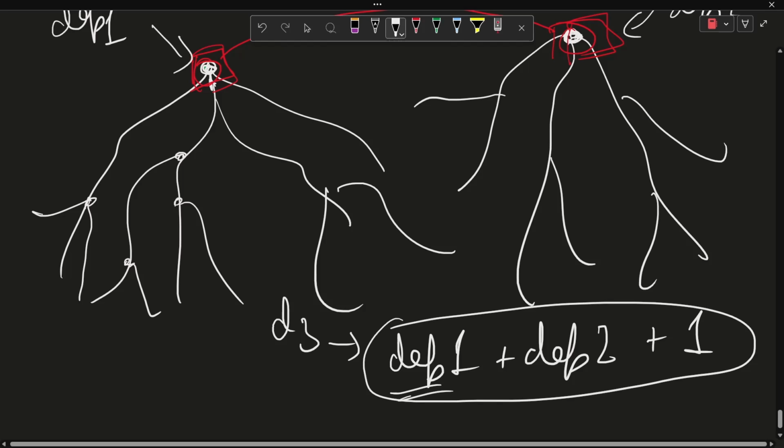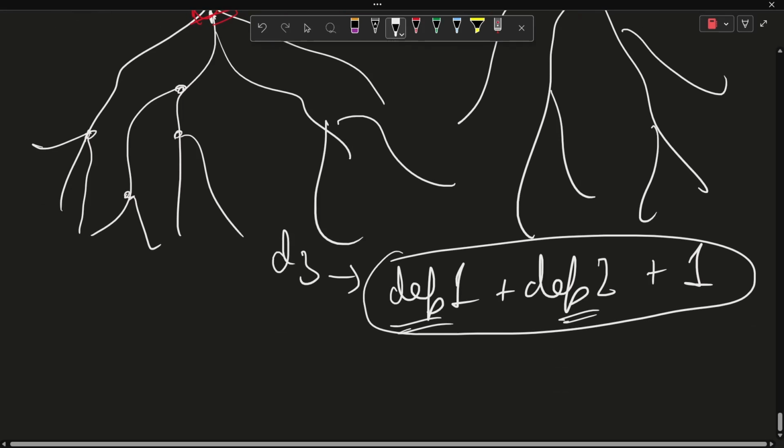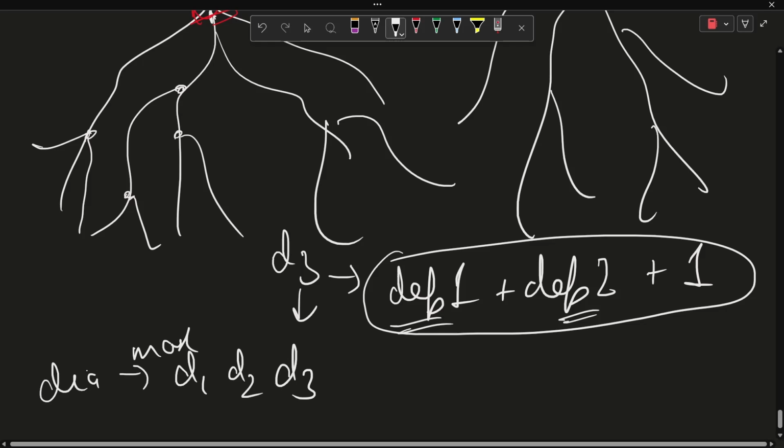Now how can you compute these two depths? That's what you need to find, because you need to minimize this D3. Your final diameter is going to be the maximum among D1, D2, D3. Now you cannot change D1 and D2 because you have a first tree and a second tree, and their diameters would be fixed.